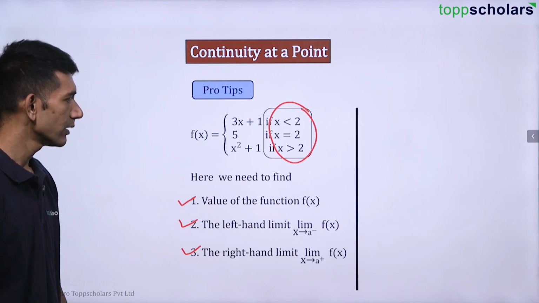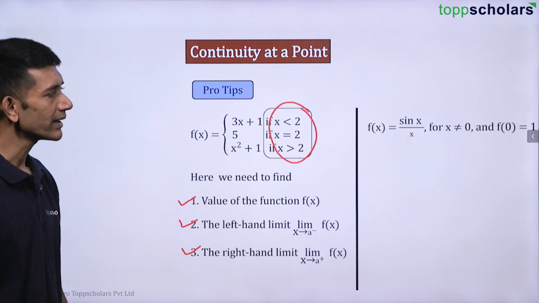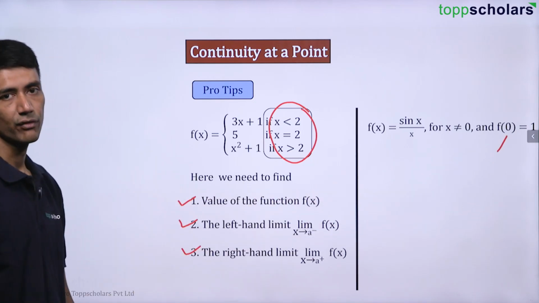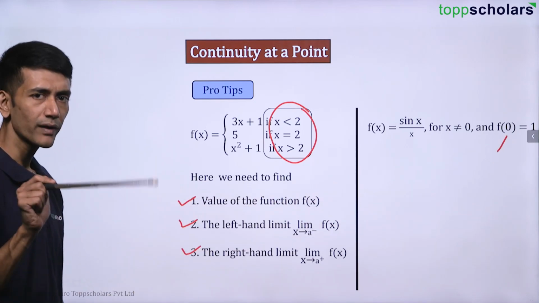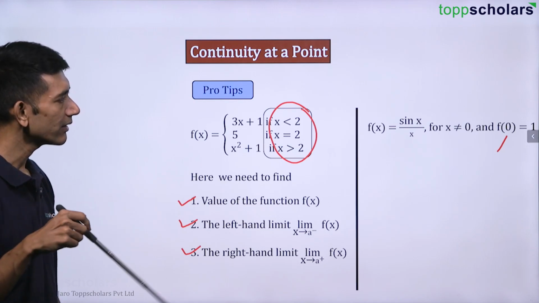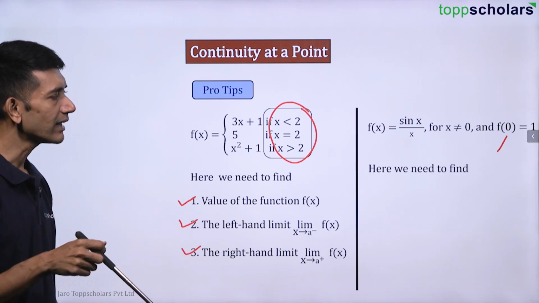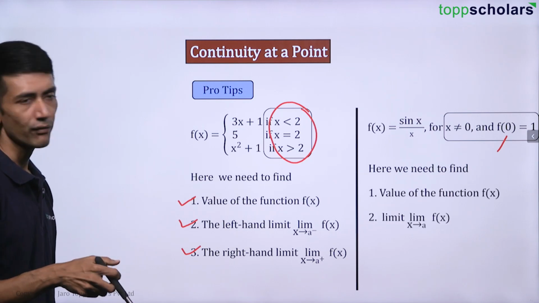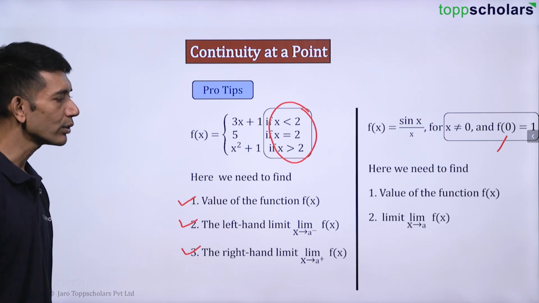Clear? But whenever you are supposed to find out the value of the function at a particular point, say f(0), that means you are just supposed to find out the value of the function at 0, and in that case, just find out the limit as x tends to a of f(x), that's it, and that should be equal to f(a).